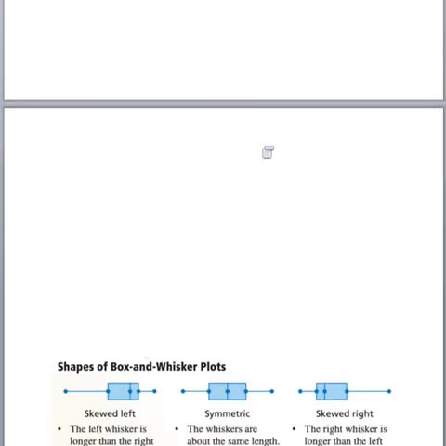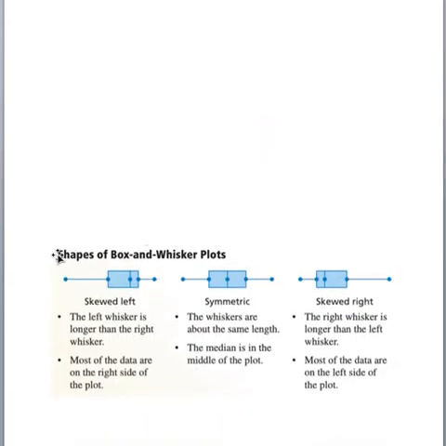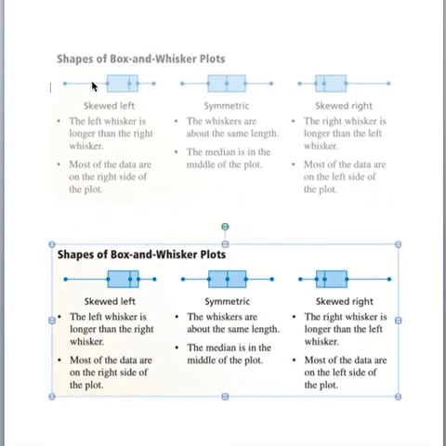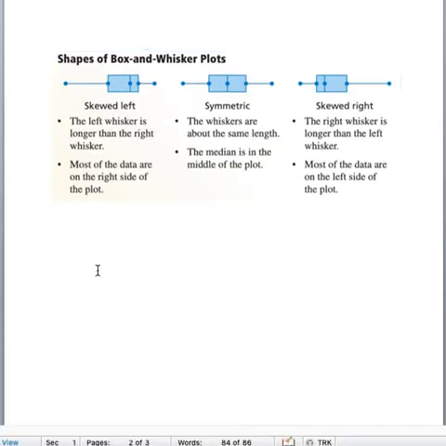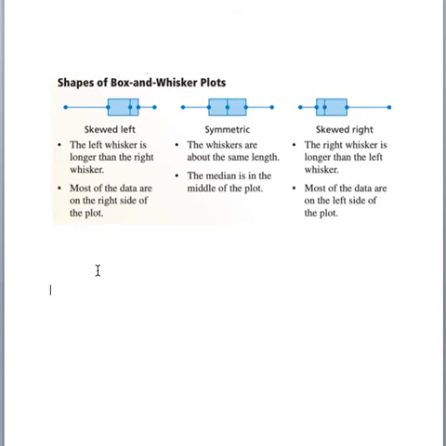All right, now going to this box and whisker plot shape options. Box and whisker plots can have these three basic shapes, and these three terms, skewed left, symmetric, and skewed right, describe how a box and whisker plot is distributed.